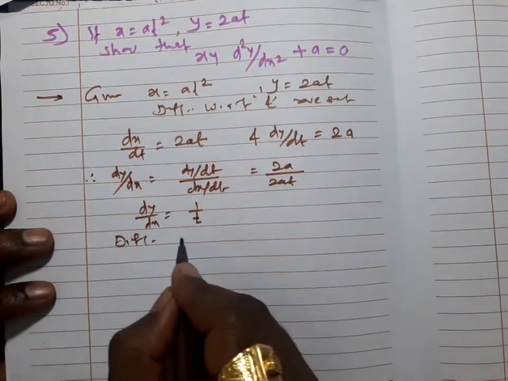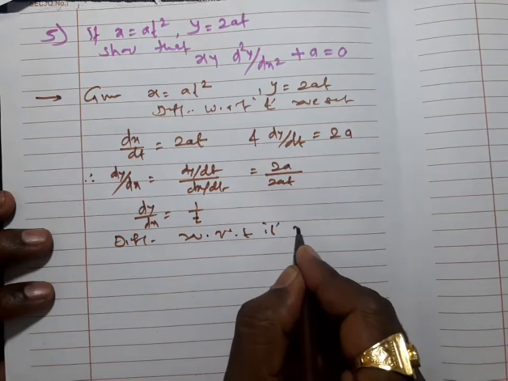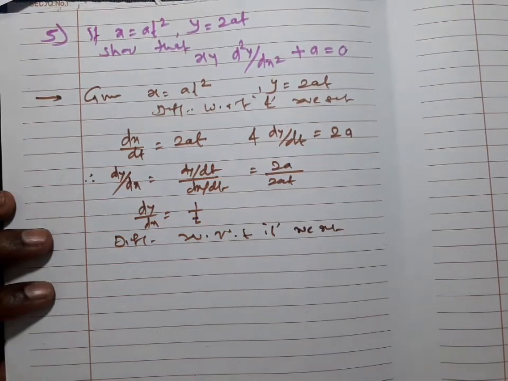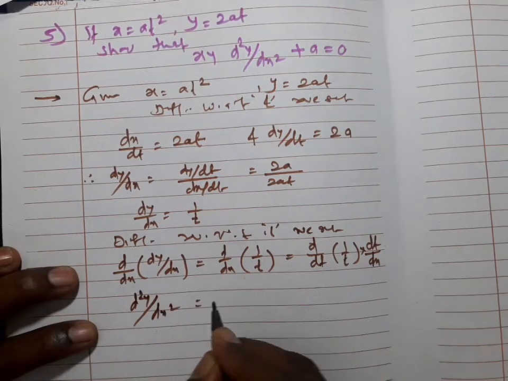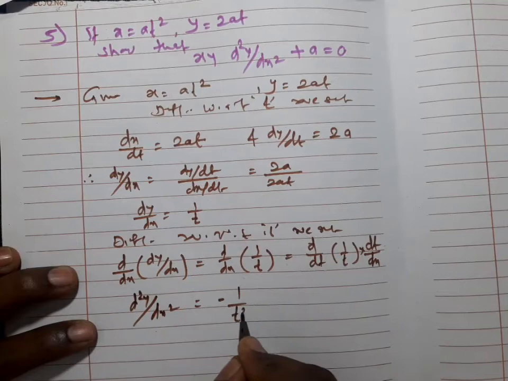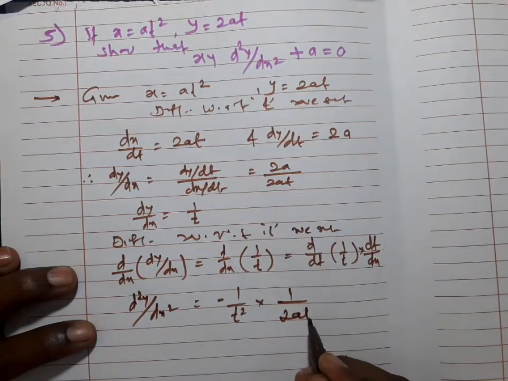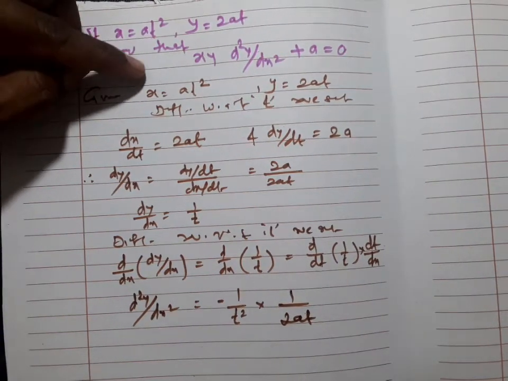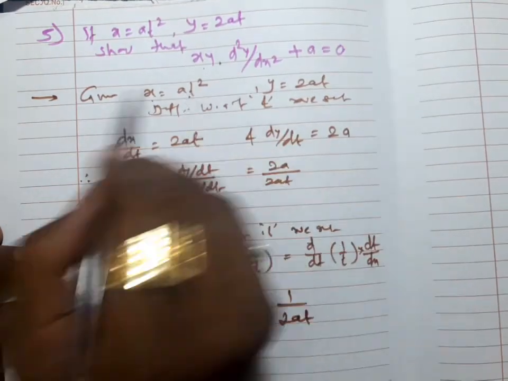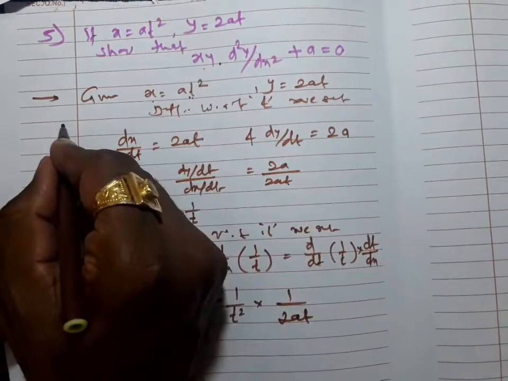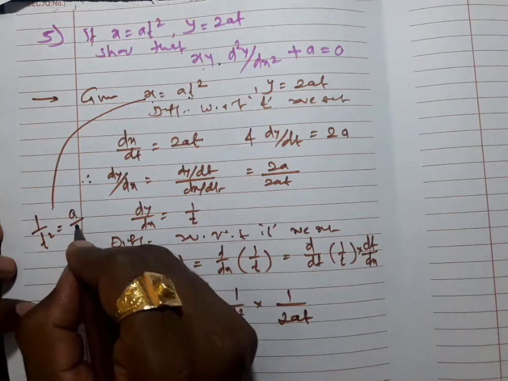Again differentiate with respect to t, we get d2y by dx square is minus 1 upon t square into dx by dt, that is 1 upon 2at. Now see, the required answer is x into y. So x is equal to a t square, and 1 upon t square is a upon x.